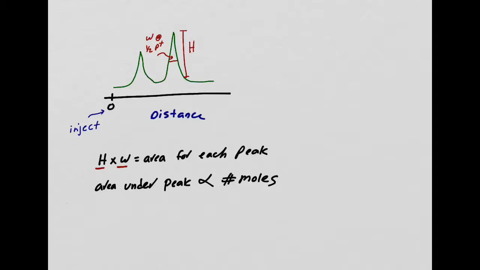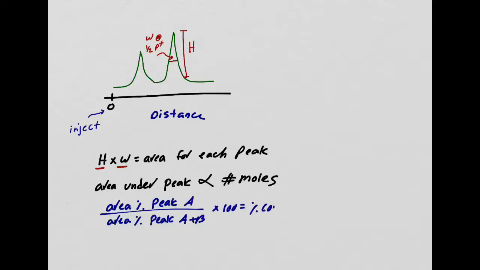Again, what do I mean by that? Here's what I mean by that. The area of peak A over the area of peak A plus B, times 100%, is going to give you the percent composition of A. And since I only have two things, I can just subtract it from 100 and get B. I want to name this peak A and name this peak B. Again, remember, the entire thing is going to add up to 100 because I only have two compounds in there.